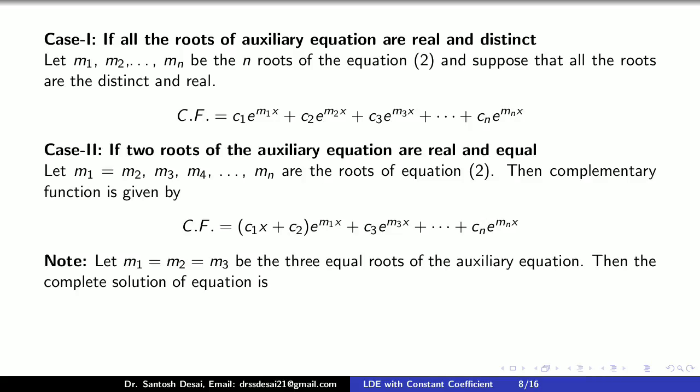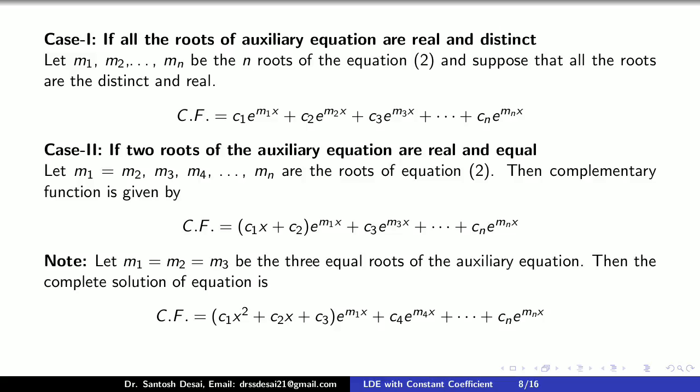Now here three roots are repeated, so we take the term first (c1x square plus c2x plus c3) into e raised to the repeated root plus, again remaining roots are real and distinct, so we get c4 e raised to m4x plus and so on plus cn e raised to mnx.